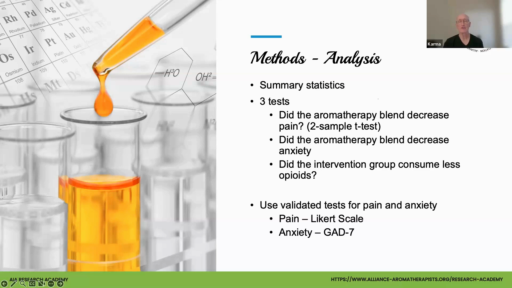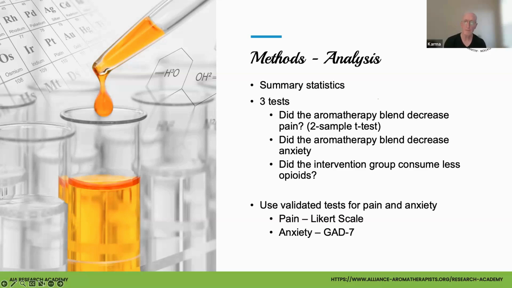That's the usual and customary summary statistics. And then there's several tests that you could do, and the most common is a two-sample t-test when you're testing whether the mean of one group is equal or not to the mean of the control group.